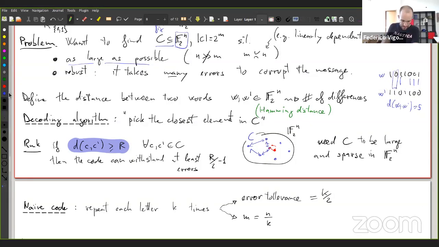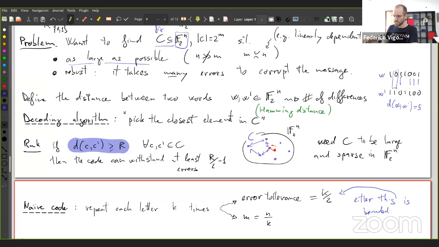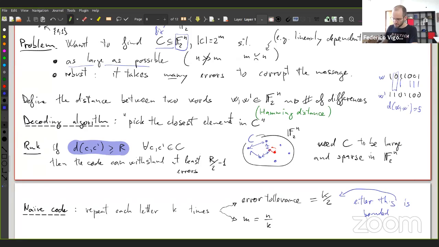Anyway, the point of this naive code is either this ratio is bounded, and so it means that we're not being very safe because it takes very few errors to corrupt the message, or the ratio between m and n goes to 0.